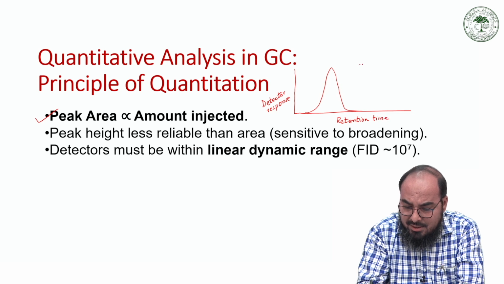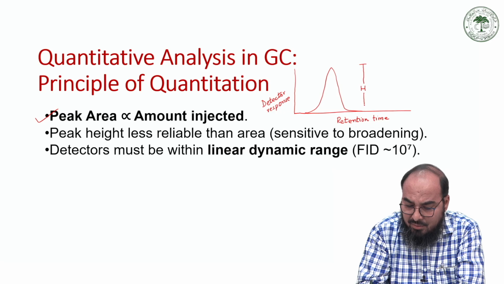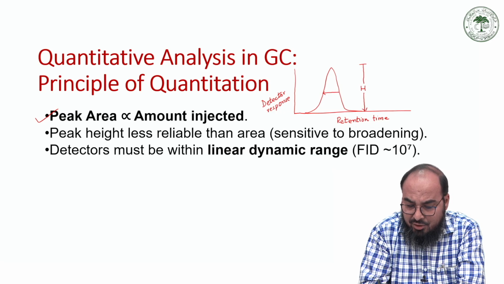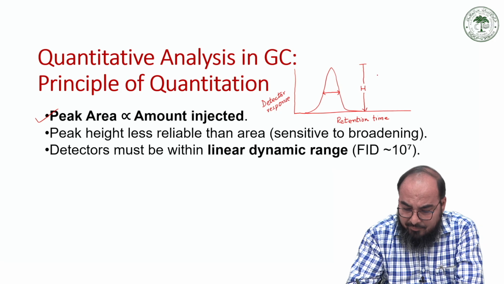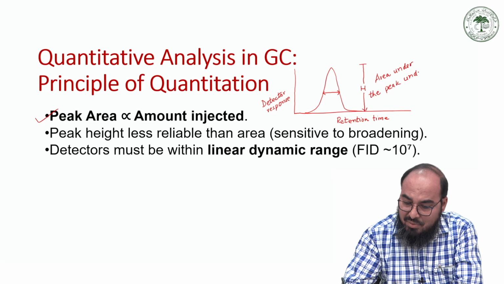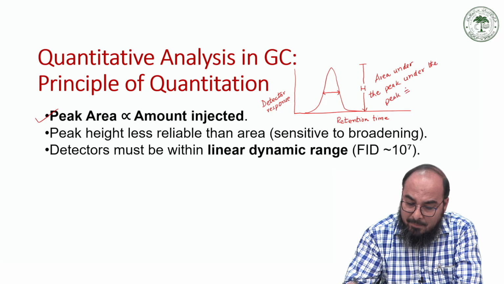Then this distance, if you call it h, the height of the peak, and this is the half width of the peak, then the area under the peak may be given as this area.